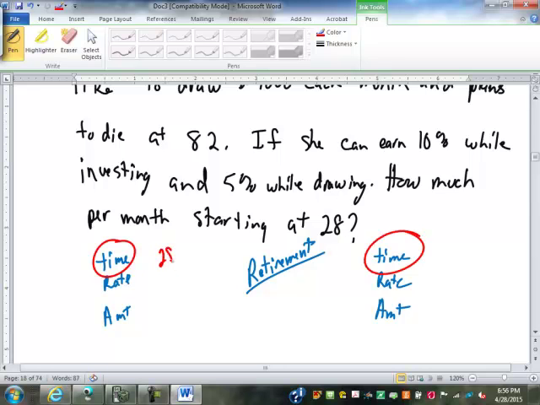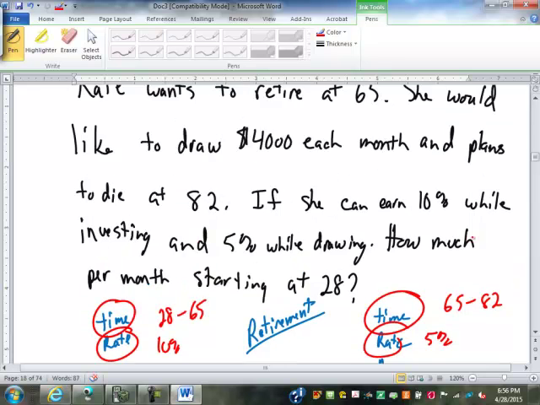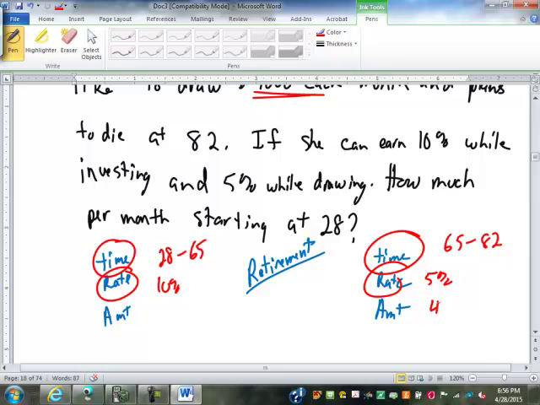On this side, it's 28 to 65. On this side, it is 65 to 82. We have the rate on both sides. Over here, it's 10%. Over here, it's 5%. The only amount we have is 4,000. Which side is that on? Drawing out. They want to draw out 4,000 after they retire. So we have everything over here. So that's where we're going to start.